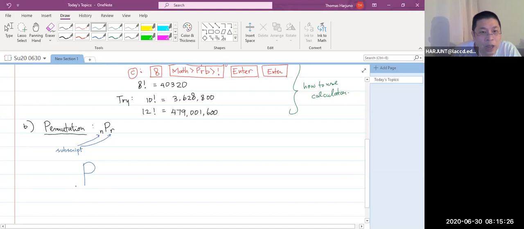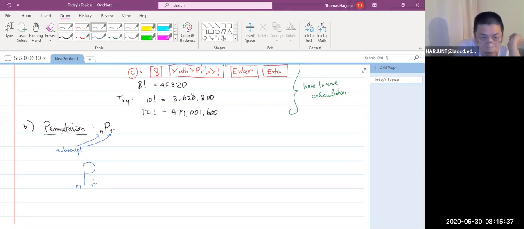It's lowercase and subscript. So not only smaller in size, but it's also lower. Okay, that's the notation for permutation.